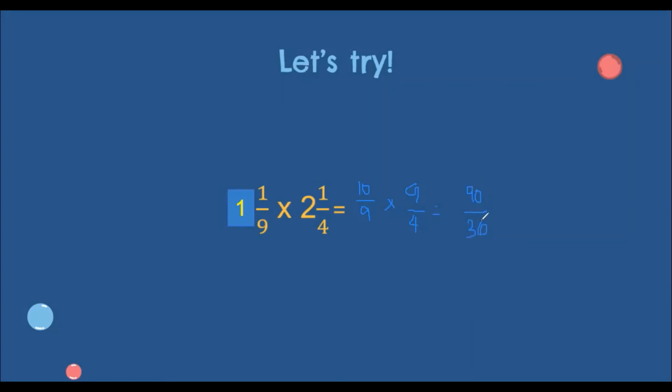Our answer here is still an improper fraction. So we need to change this one into a mixed number. Okay, so for this one, if we divide 90 divided by 36, we got an answer of 2 and 18 over 36.